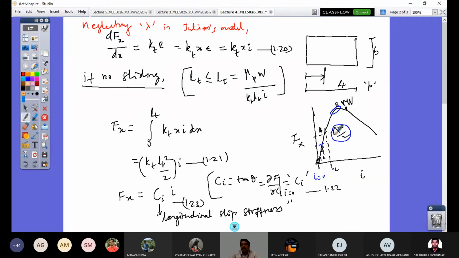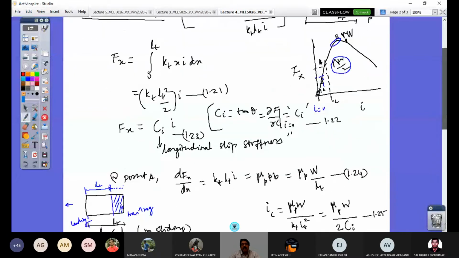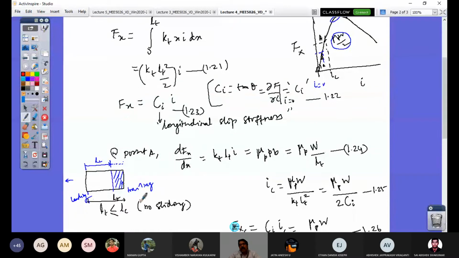But it is expected that the tire has to go to the maximum available tractive force, which is limited by μp times w. To achieve this μp times w, we require the consideration of characteristic length. When the characteristic length is smaller than the contact patch length, there is an initiation of sliding at the rear of the contact patch, and we discussed the physics behind this phenomenon.